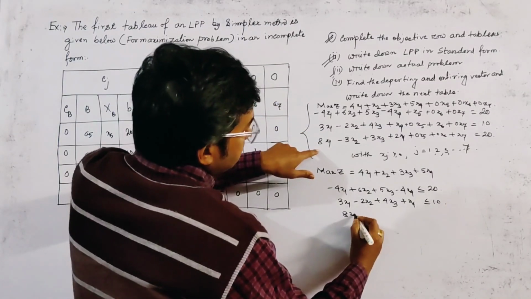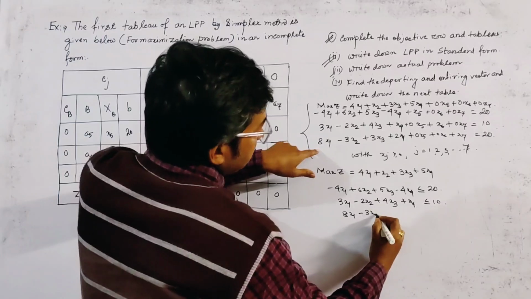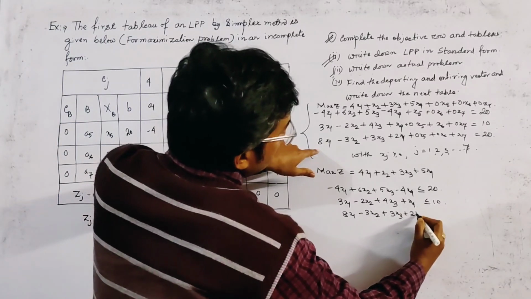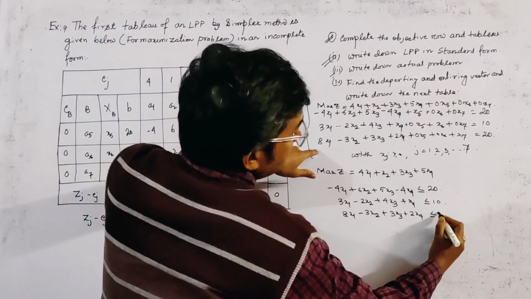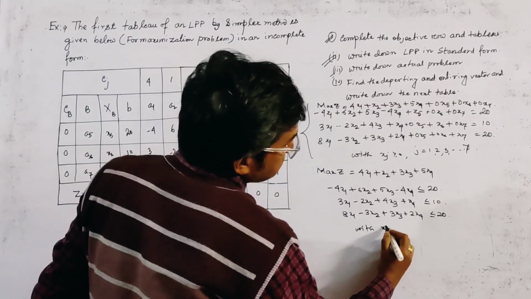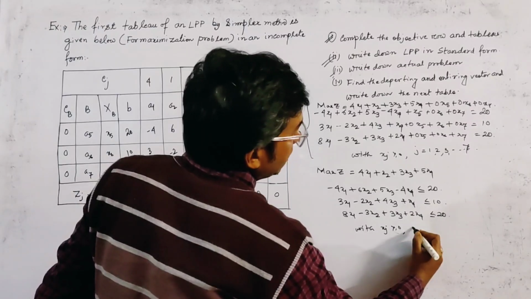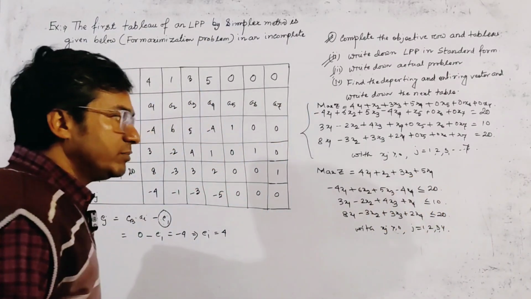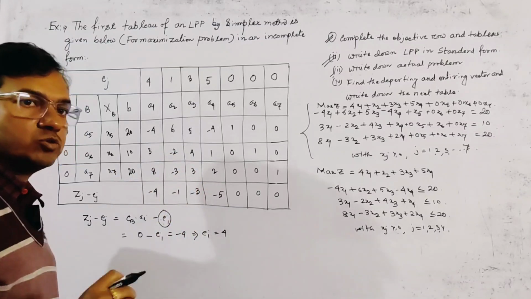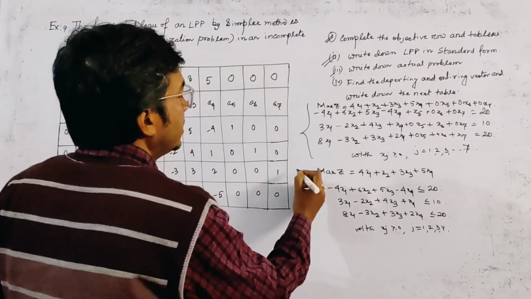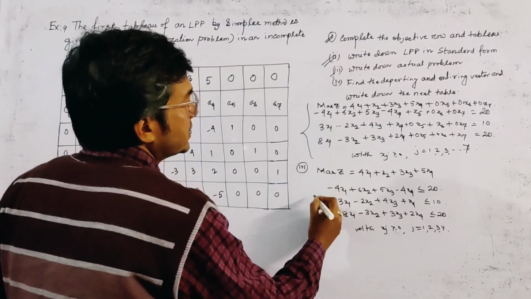Now 8x1 minus 3x2 plus 3x3 plus 2x4, less than or equal to 20, with xj greater than or equal to 0, where j is 1, 2, 3, 4. The original variables are only 4 variables, x1, x2, x3, x4, and this is our answer number 3, the actual problem.